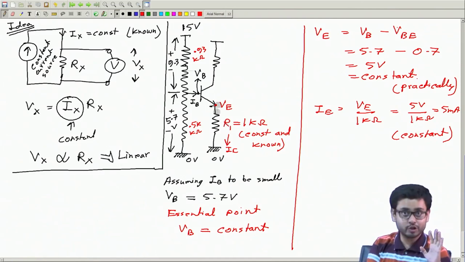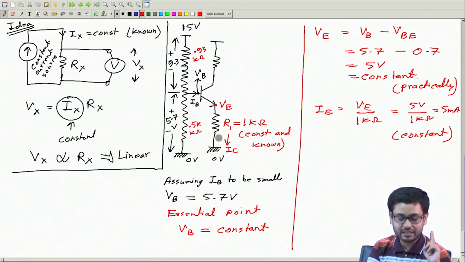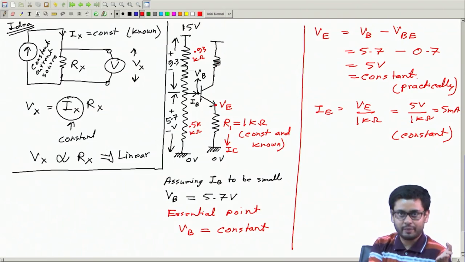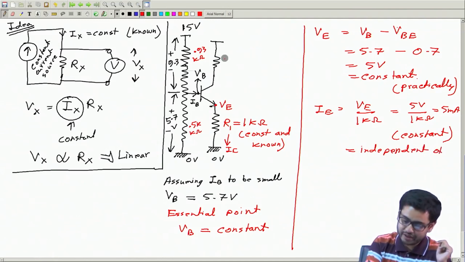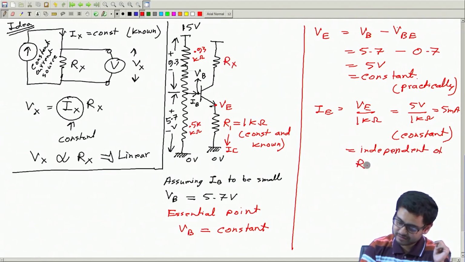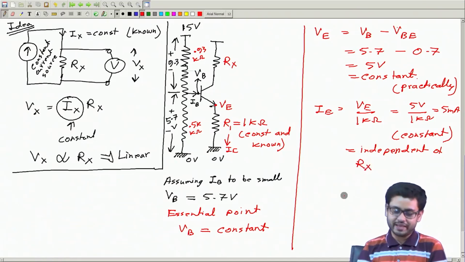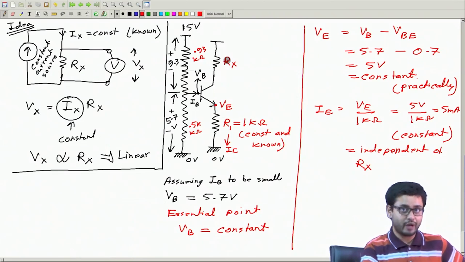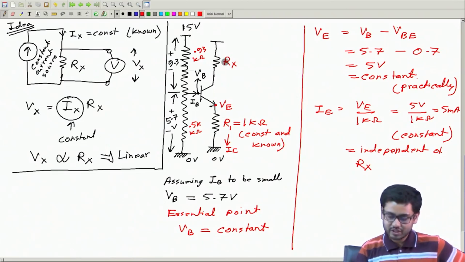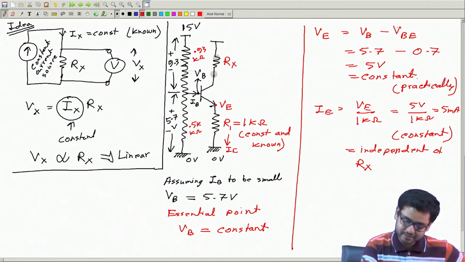So this current is going to be practically constant, and it doesn't depend on this resistance. I haven't talked about this resistance at all. So this is constant and independent of this resistance. Call it Rx. You can now guess, I am calling it Rx because this is going to be the unknown resistance that I want to measure.